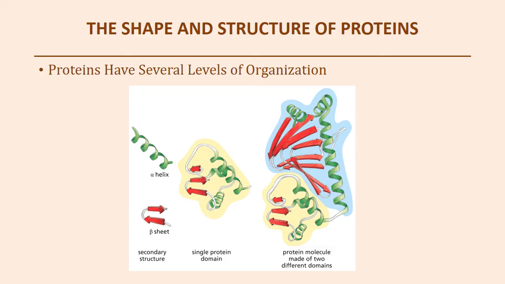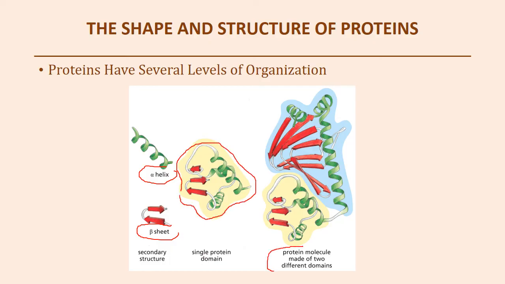Here we have an example where your secondary structures, your alpha helix and your beta, interact together to create a more complex tertiary structure. And in that case, what we see happening is that they can form a domain.